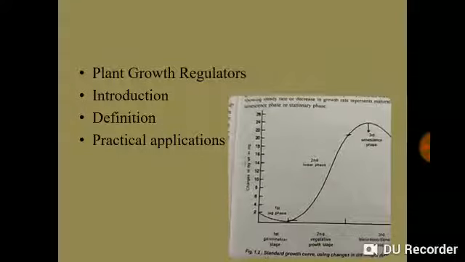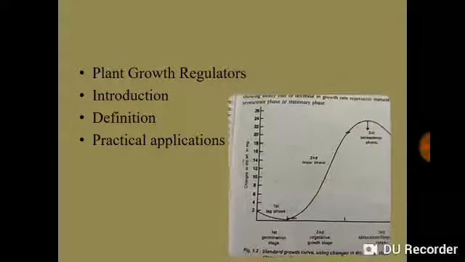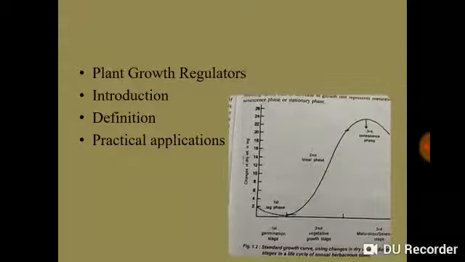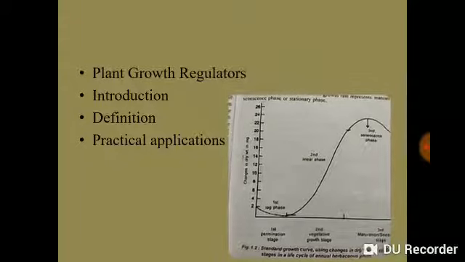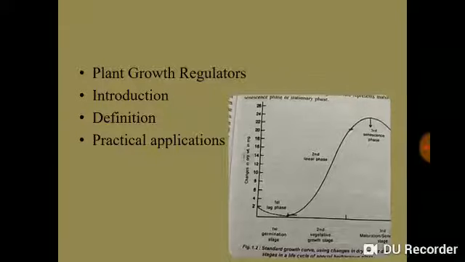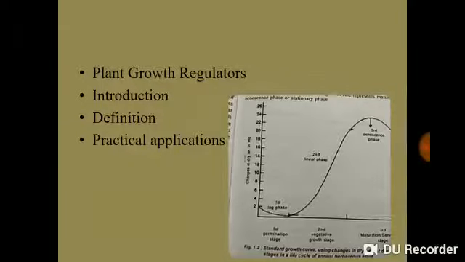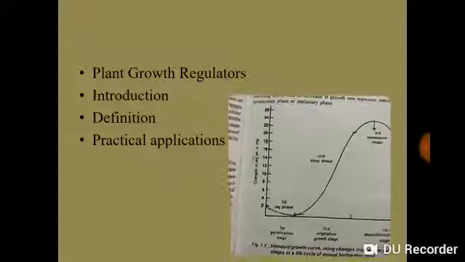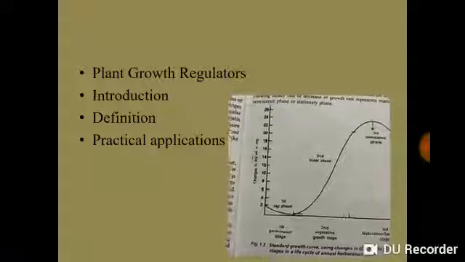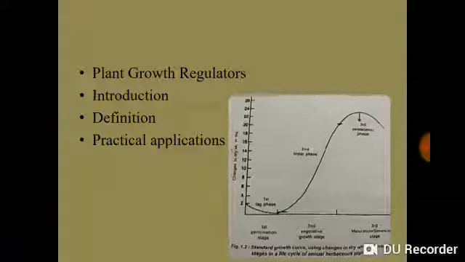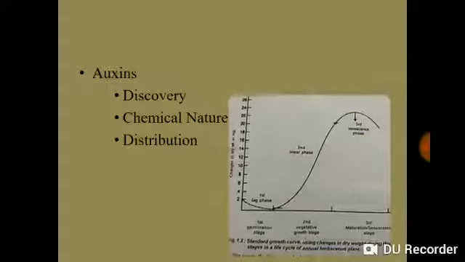The second region, showing very rapid growth, represents the exponential, log or linear phase, while the third region of the curve shows steady or slightly decreasing growth due to the maturation, senescent or steady phase.